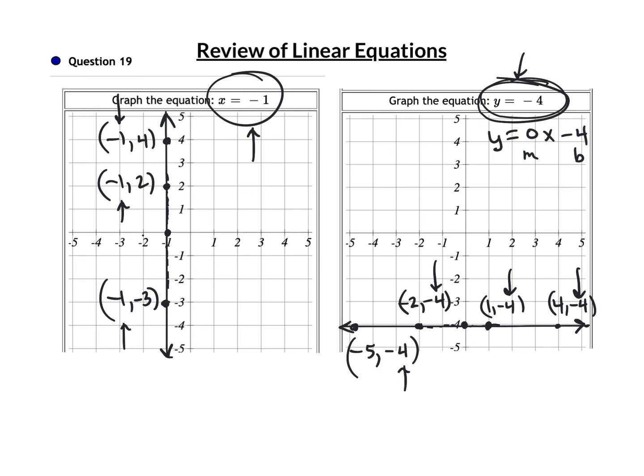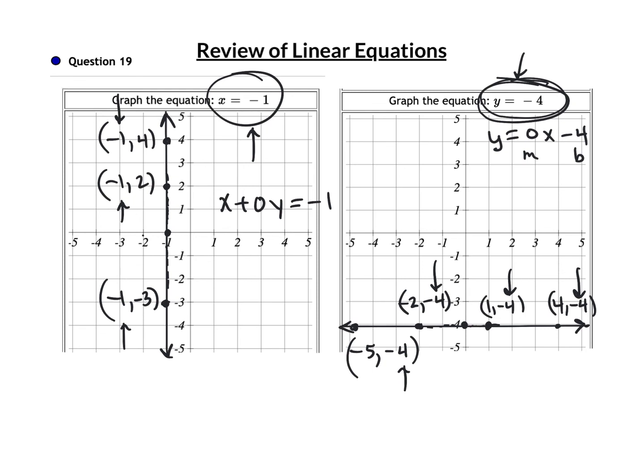More than that, I want to point out that there's always two variables in these equations. X equals -1 is actually x plus 0y equals -1. Notice that I can't solve for y, because if I did, the last step would be to divide by 0. That's not possible. There is no y equals mx plus b equation for this thing.